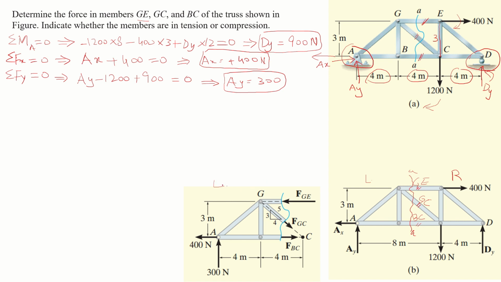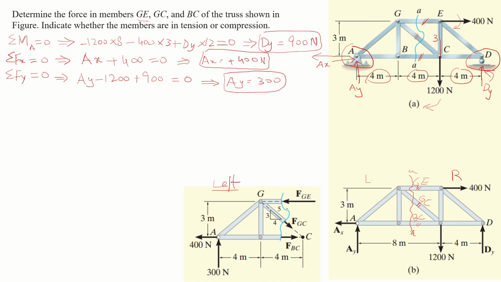This is the left side of this truss, and you can see that there are two reaction forces at point A, which we have already calculated, and you can see here this AX is equal to 400 and AY is equal to 300.